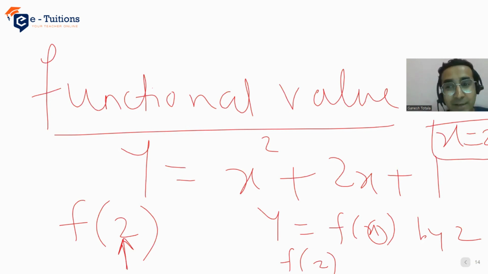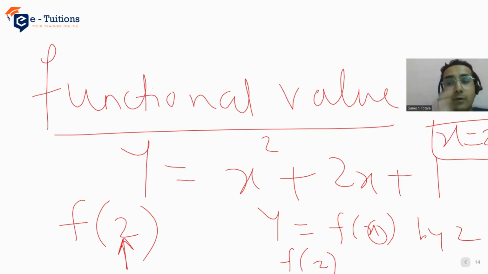But when finding the limits, we don't say substitute x equal to 2. We will be saying as x is tending towards 2, the maximum possible value of that limit will be, and so on. So, understood the difference here? The difference between finding out the limit and finding out the functional value. Anyhow, finding the limits and finding the functional values will be a very important part when we will be solving the problems on continuity.